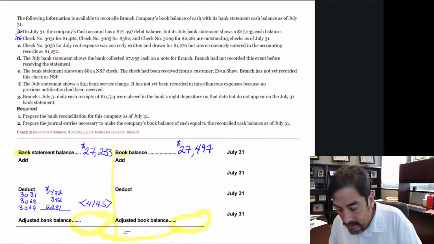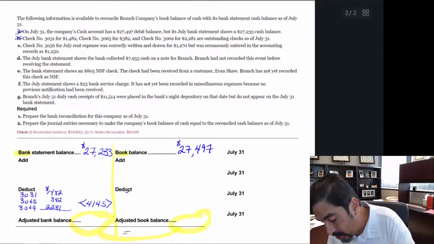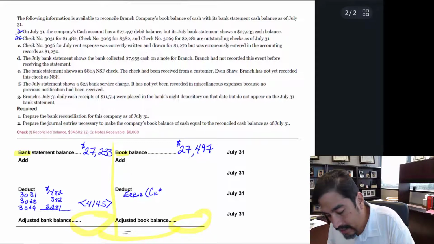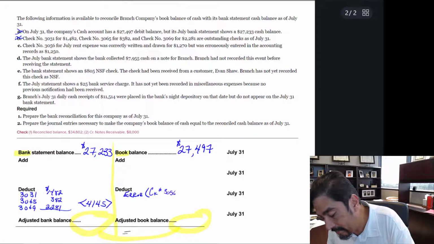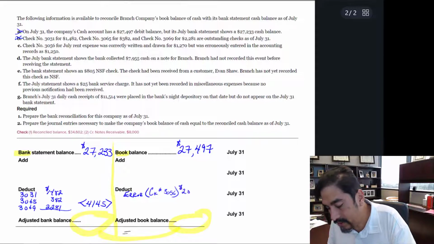So this is going to be, we're just going to call it error. And then maybe in parentheses we can put check. I'm going to just put CK. Check number, what is it? 3056. $0.20.